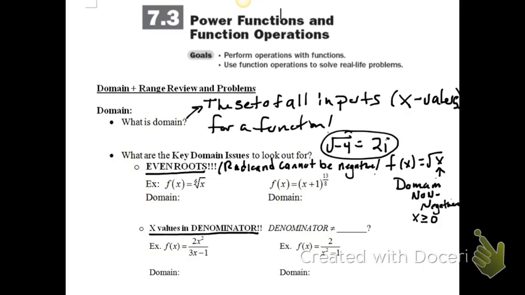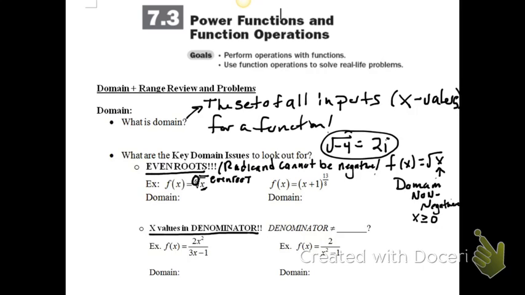Let me show you a couple of examples. The first example is f of x is the sixth root of x. Well, to be honest, that's very similar to the square root of x. The key is that 6 indicates an even root. And if it's an even root, I can't take an even root of a negative number. So I would not want to plug in a negative here for x.